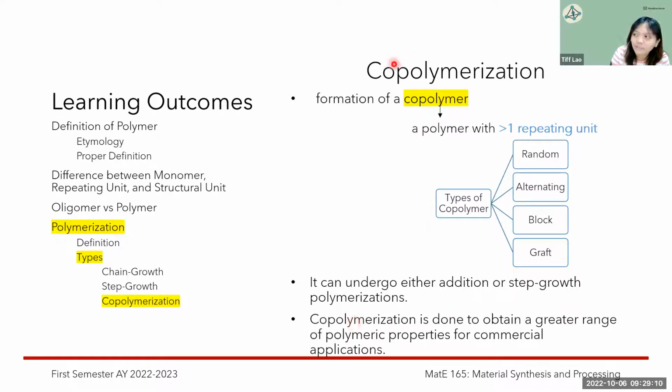Tapos, itong copolymerization, it can undergo step growth. Depende. Basta, para malaman mo lang na it is undergoing copolymerization, dapat yung monomers na nire-react mo doon should produce different types of repeating units.